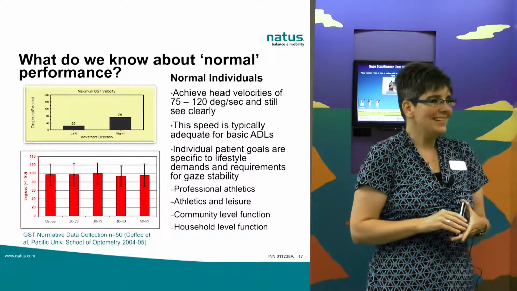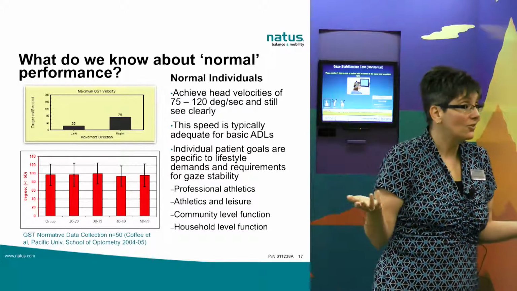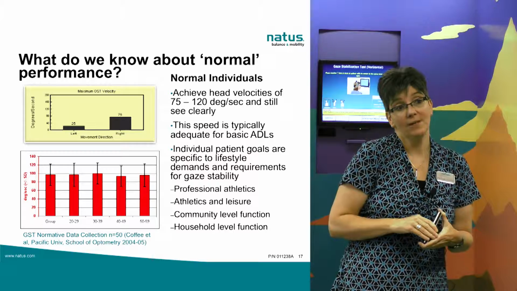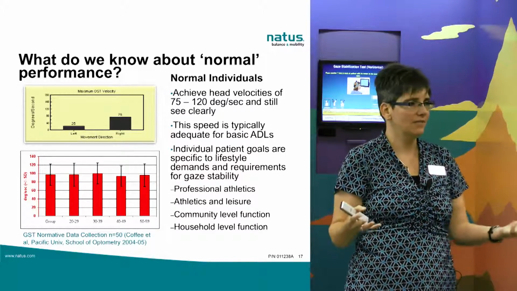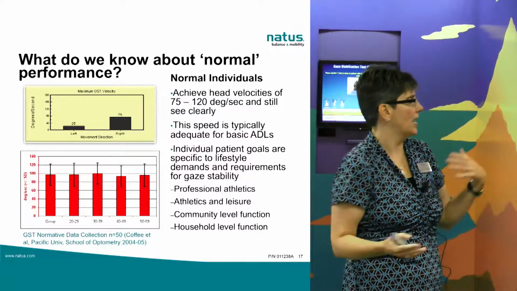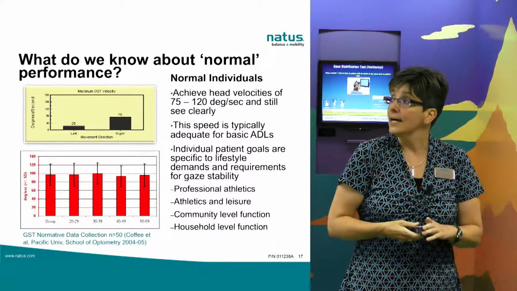Our normal ADLs usually happen between 75 and 120 degrees per second of head movement. So that's kind of the normal place where we live. We're doing normal activities: walking, moving around, getting dressed, going to the grocery store, those types of things.